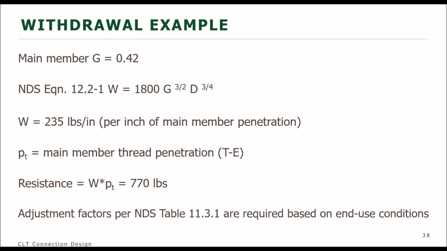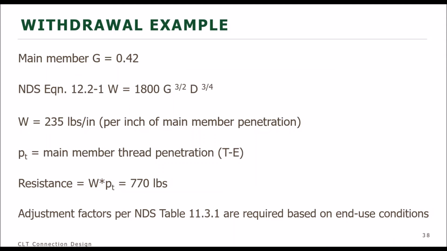The total resistance of that lag screw to withdrawal then is the W value times the main member thread penetration, which in our case was 3 9/32 of an inch. So that times 235 pounds per inch gives us a total resistance of 770 pounds.